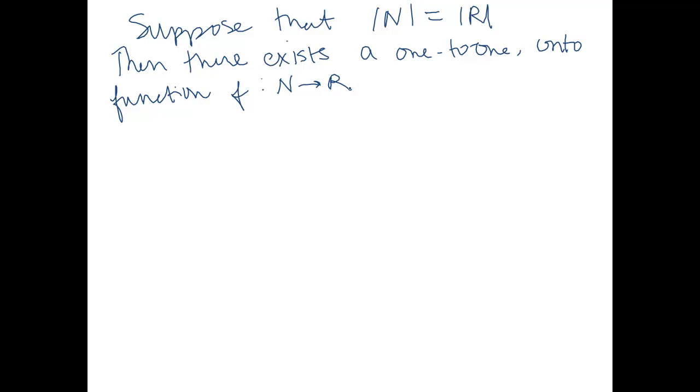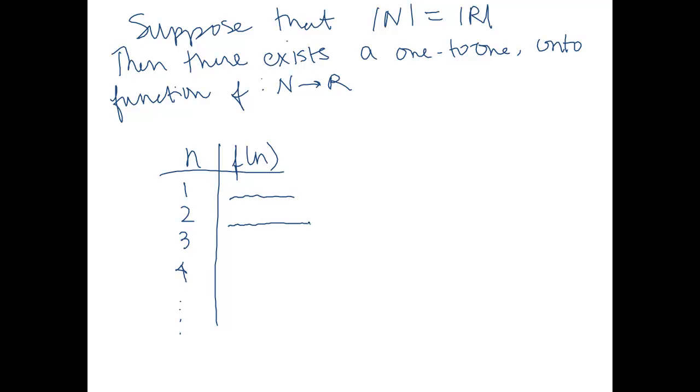Okay, so for an illustration, and we're going to keep this running throughout, consider this table. If the size of N is equal to the size of R, which is what we are assuming, then we have this function f that's one-to-one and onto that's going to map N to R. This means for every element in N, I have some element of R, and I don't know what they are, I just know that they exist.